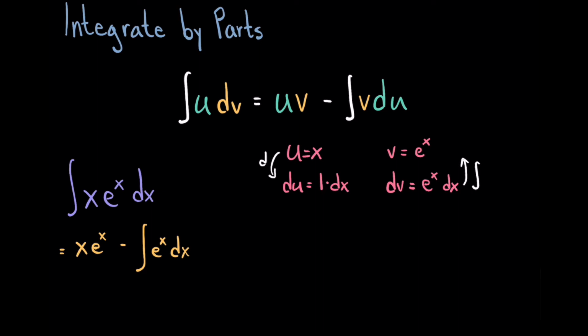And so now we'll solve this second integral. We still have x times e to the x minus the integral of e to the x. That's very simple again, that's just e to the x. And of course we add plus C because we are solving indefinite integrals, leaving us with our final answer.